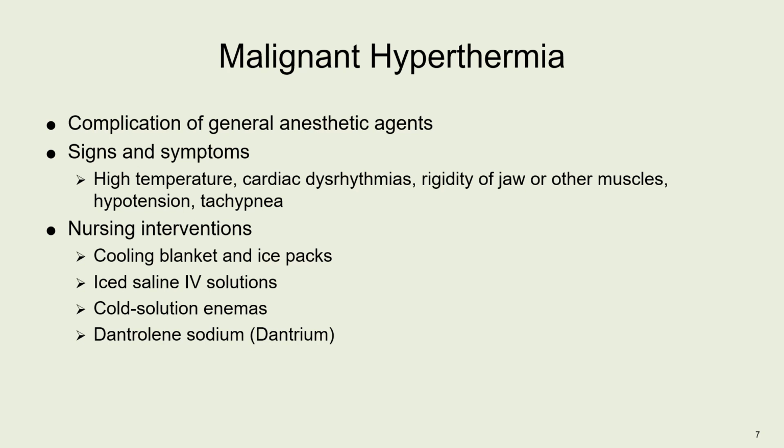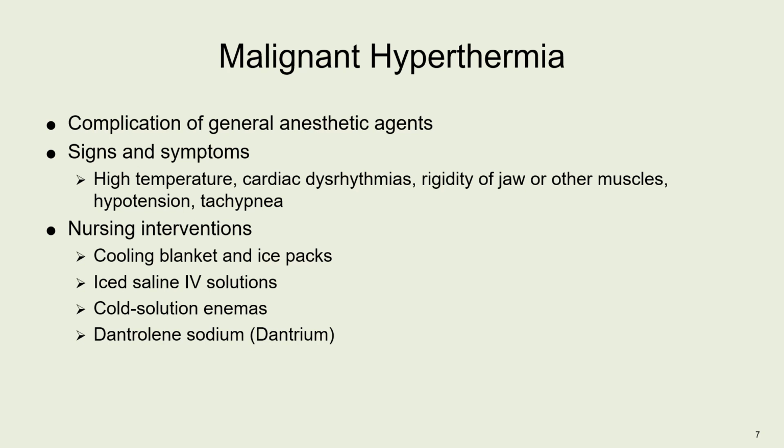If you don't treat a patient, pick up on things, when that temperature starts to go up that high, they're not long for the world. They're going to have cardiac dysrhythmias, rigidity of the jaw or other muscles, hypotension, tachypnea, and they're going to be breathing fast with a low blood pressure and a very, very high fever.